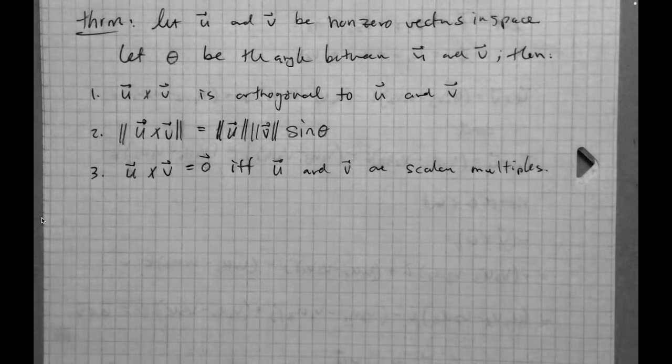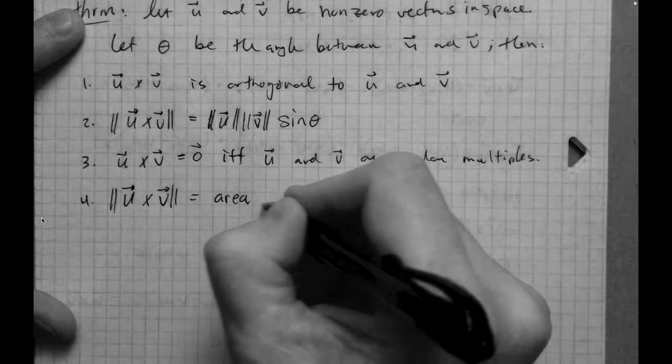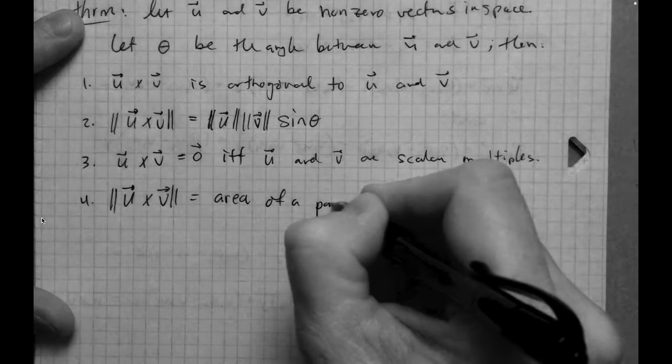It says that they don't have to be the same vector, they have to be scalar multiples of one another. And then the fourth one is pretty interesting. The norm of u cross v is equal to the area of a parallelogram having u and v as adjacent sides.